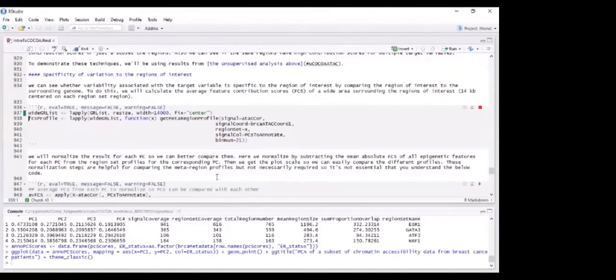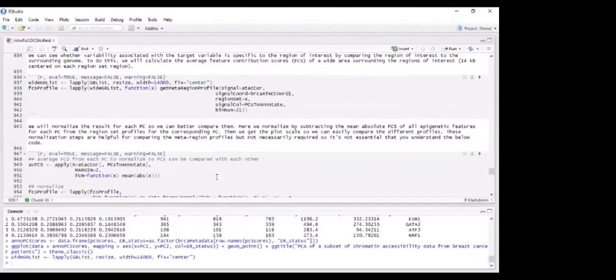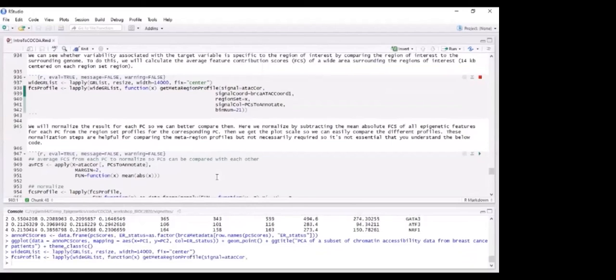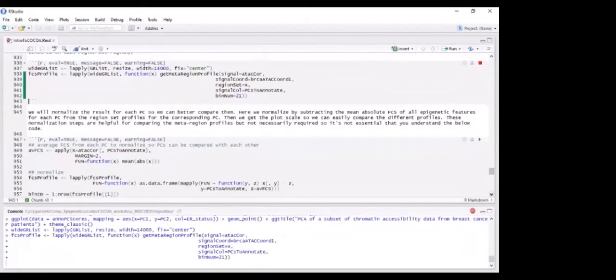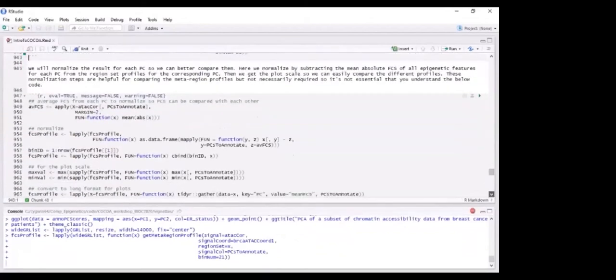So once again, we are taking our region sets and we're expanding them to be 14 kb centered on our sites of interest. And then we're aggregating the feature scores, which would be the correlation of each peak region with the principal component scores. And we're going to aggregate that into a meta-region profile.